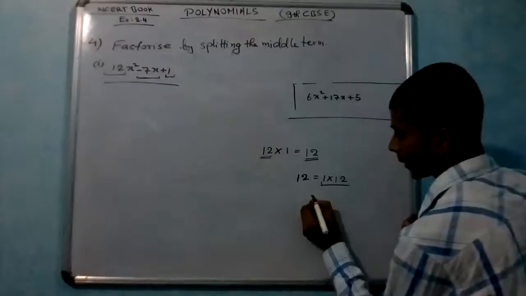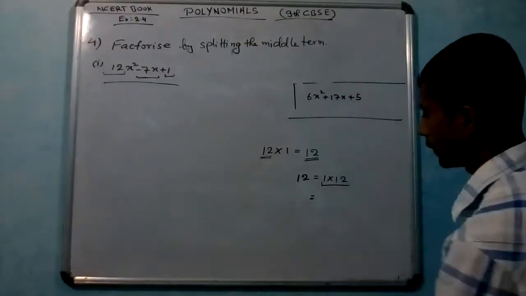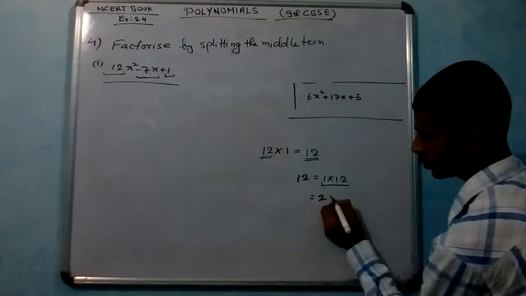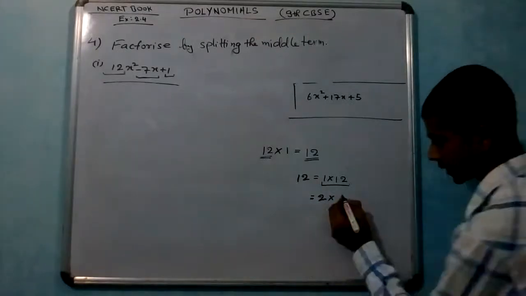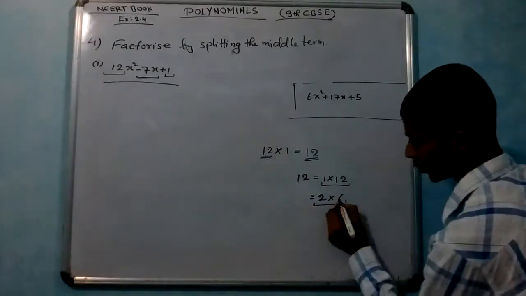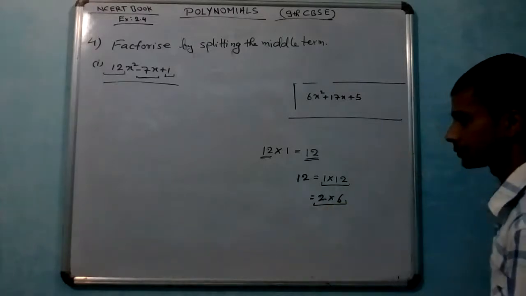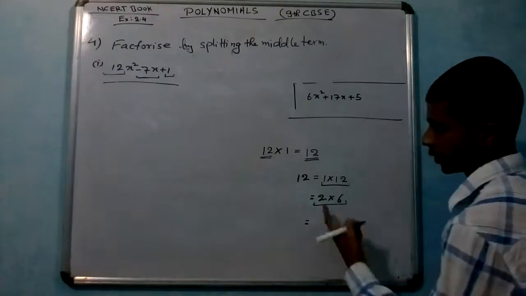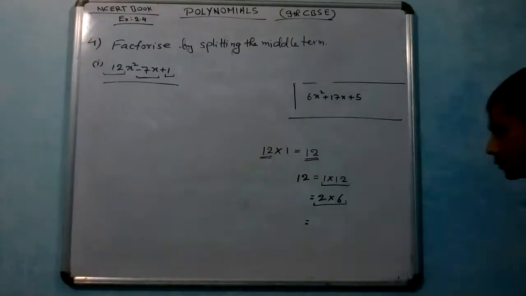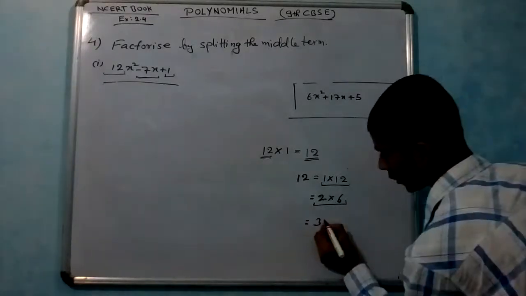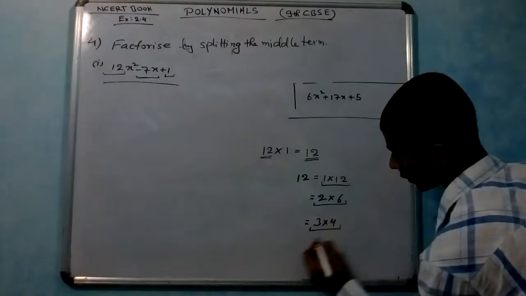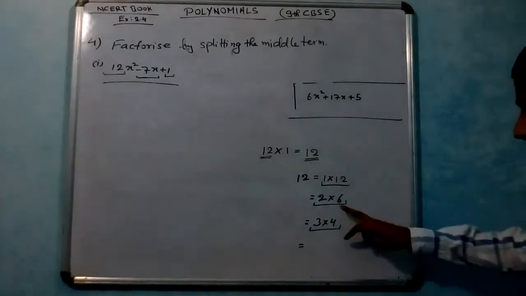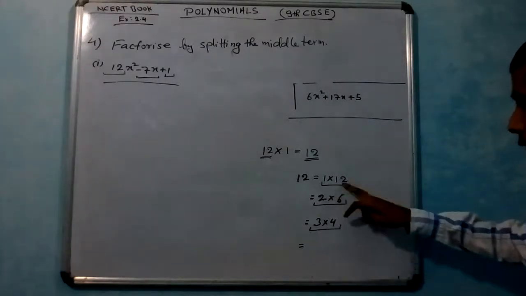Now second pair, you tell me. If I write 2, 2 is a factor of this or not? Yes. So 2 into how much? 2 into 6 is one of the possible factors. Next, tell me. 3 into 4 is equal to 12. 4 into 3 will come, then 6 into 2 will come, 12 into 1 will come.